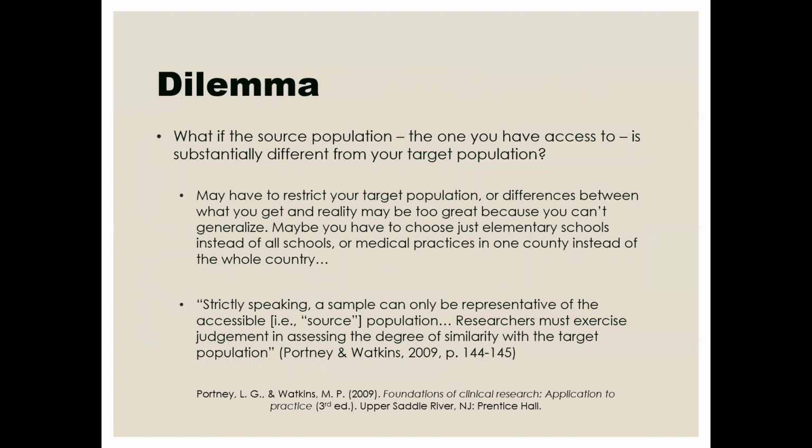So there are some times when you really can't get a sampling frame, and we'll talk about it in the next video as well. But you need to think about, what can I do when my sample is different than my target population?